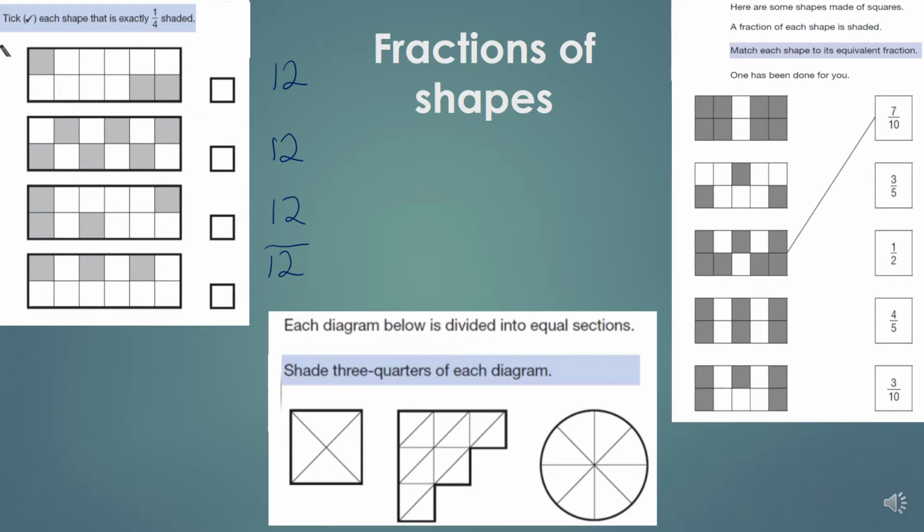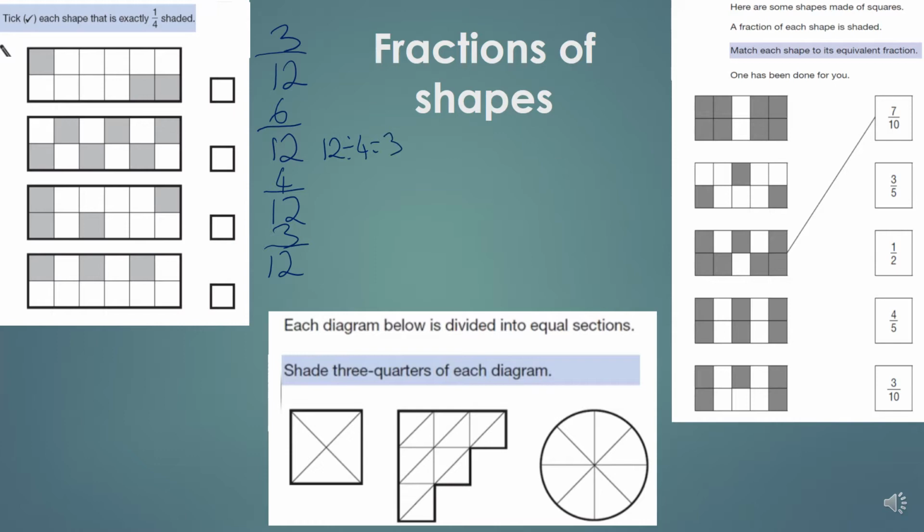Now let's see how many are shaded in each shape. So this one's got 3, 2, 3, 4, 5, 6, 4 and 3. So we need to find out what 1/4 of 12 is. And to find a quarter of anything, you divide it by 4. 12 divided by 4 equals 3.